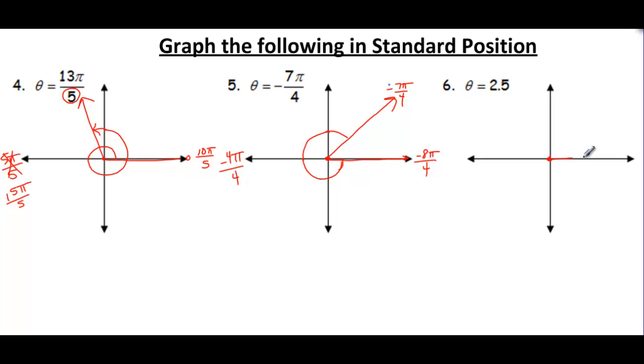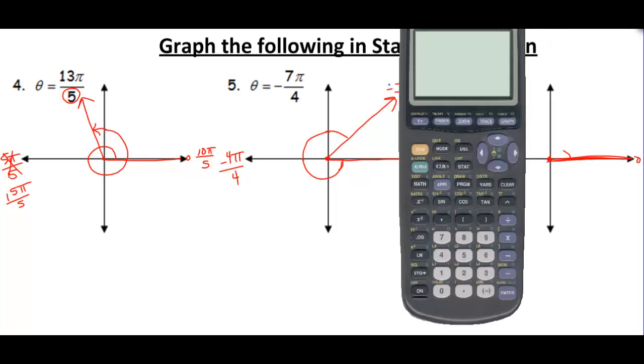Well, I'm going to start at my initial side. I know I'm going to rotate in the positive direction. I know this is 0, and I know this is pi, or 3.14. Okay, half of 3.14, okay, so again, if you're not sure what it is, just take your calculator. 3.14, and we could just do 2 decimal places, divided by 2. 1.57.